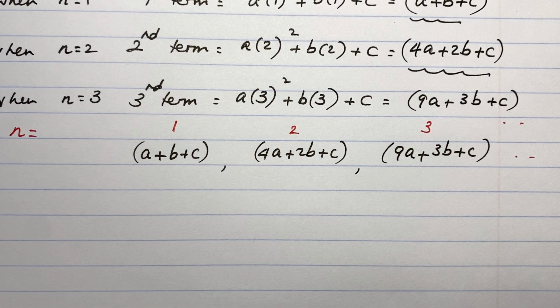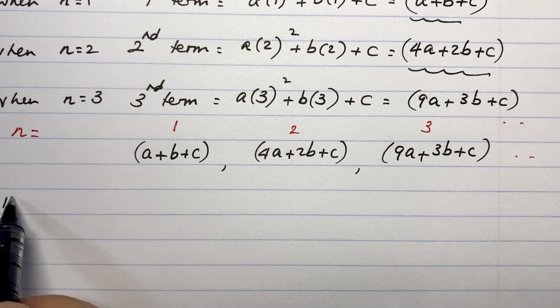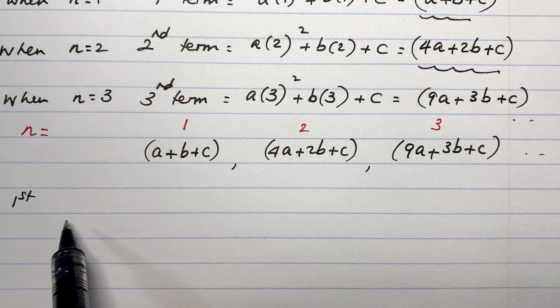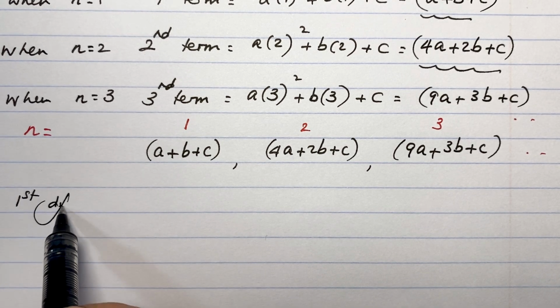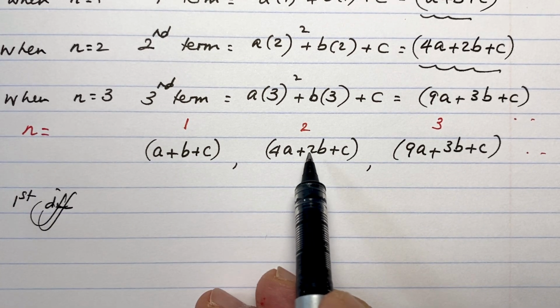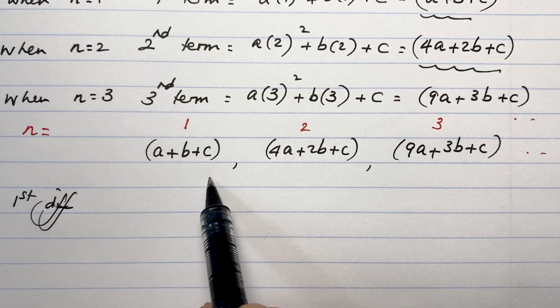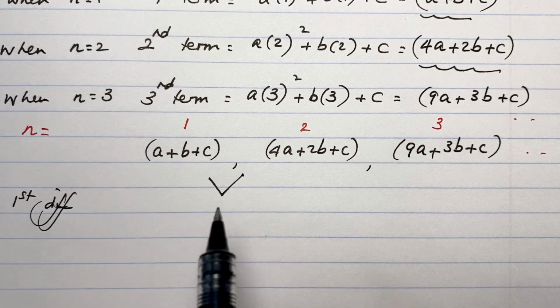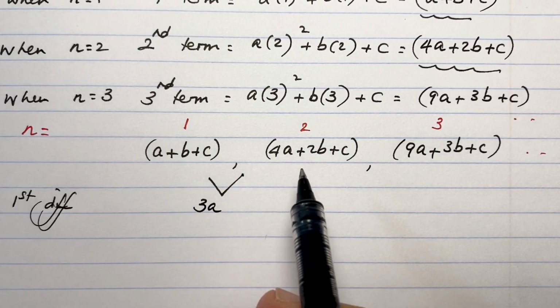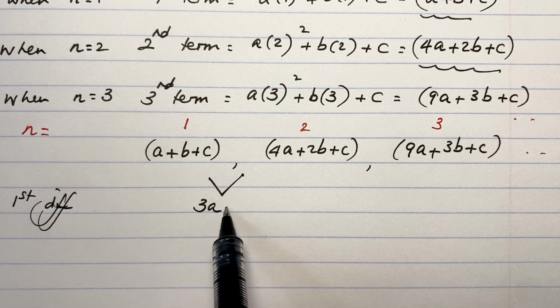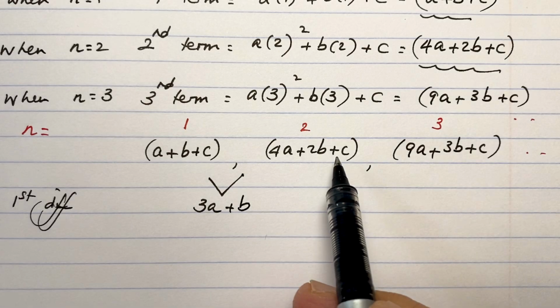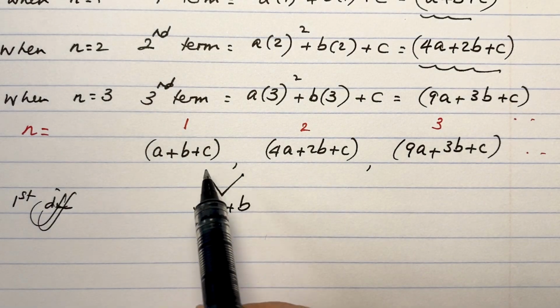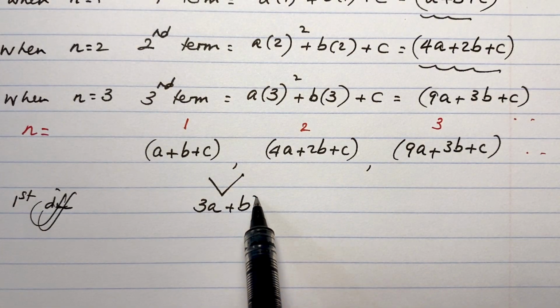Now, let's go and find the first difference, as we did previously. First difference, second term minus the first term. Let's do that mentally. 4a, take away a. 2b, take away b, 1b. And c, take away c, nothing left. So that becomes the first number.